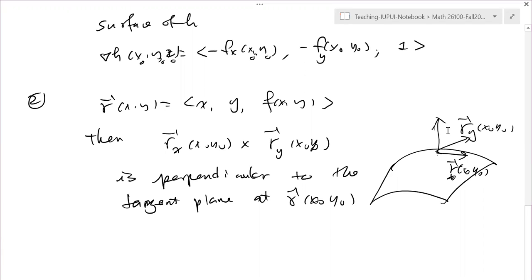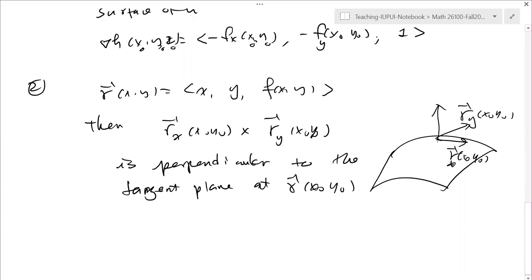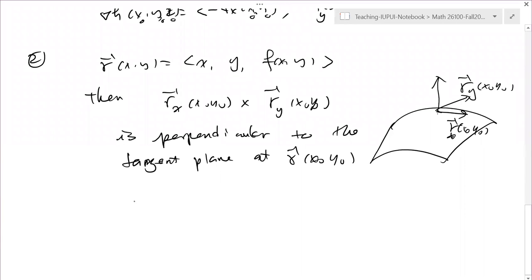Then the cross product will be perpendicular to those two vectors, and of course perpendicular to the tangent plane, because those are the tangent vectors. Then you just need to calculate this.